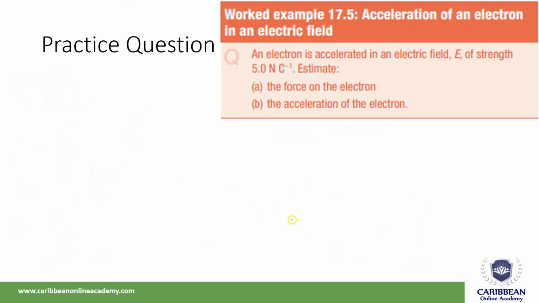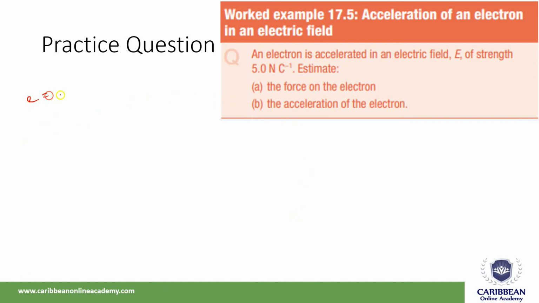All right, just a simple question here. If we have an electron that is accelerated in an electric field, E, of strength 5.0 newtons per coulomb, estimate the force on the electron.